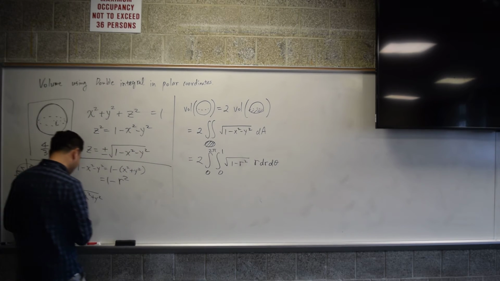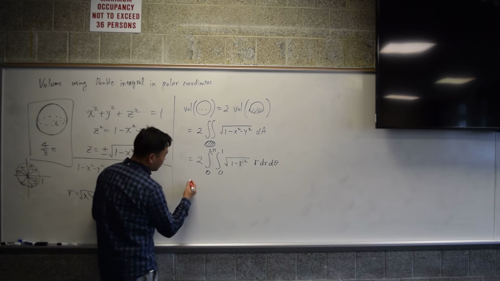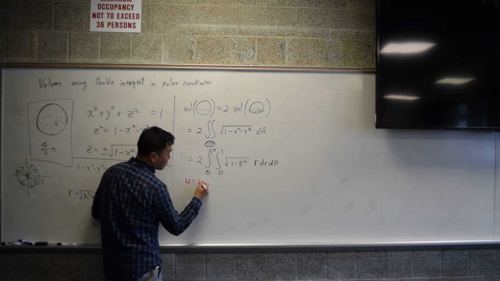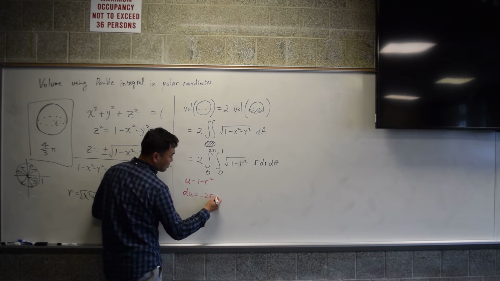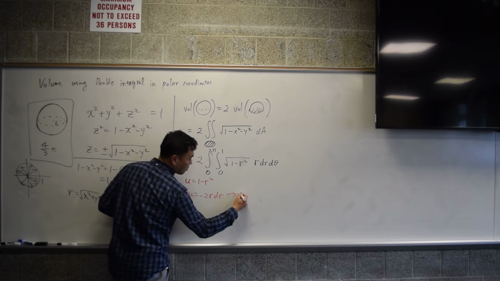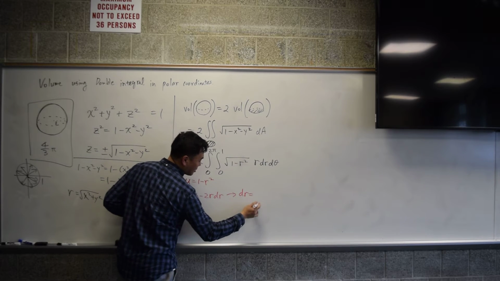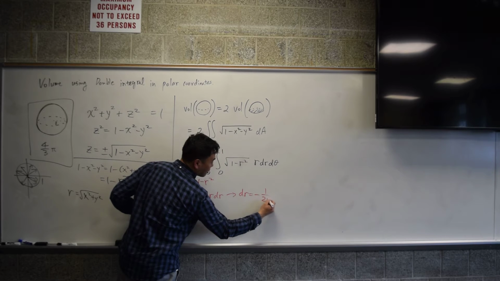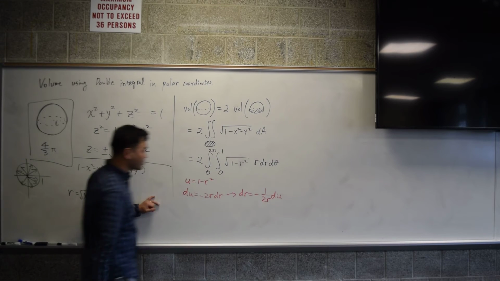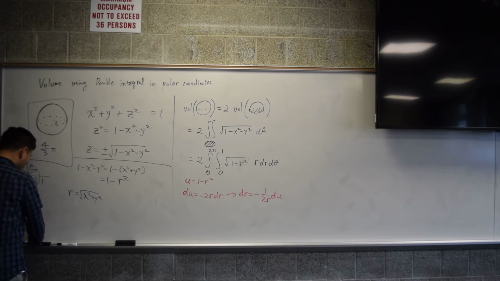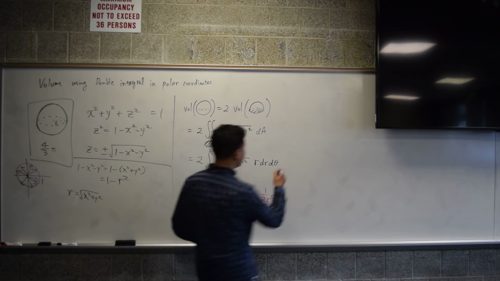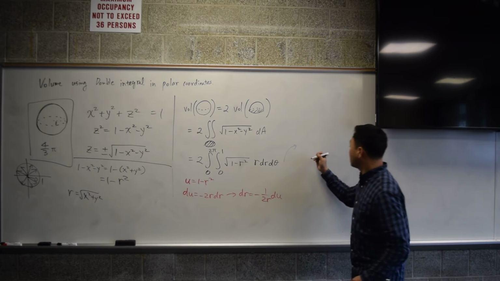So let me show you how. Set u as 1 minus r squared, then du is negative 2r dr, so that if you solve for dr, dr is negative 1 over 2r du. Okay? And now using that, let's rewrite this integral using the u substitution.